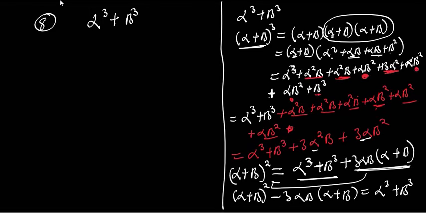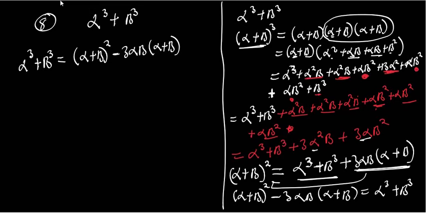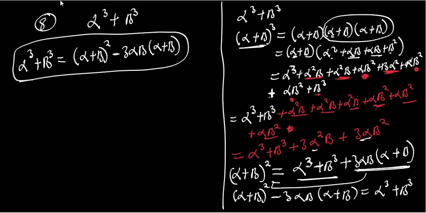So when you see alpha cubed plus beta cubed, this is the identity of (alpha plus beta) squared minus 3 alpha beta, then (alpha plus beta), like that. So this is the identity that you need to take note of when you have that.